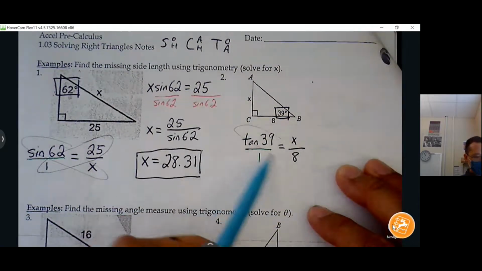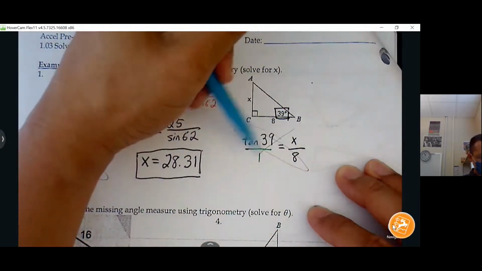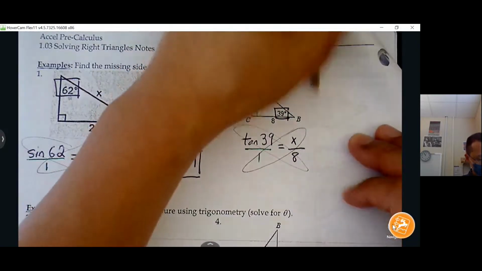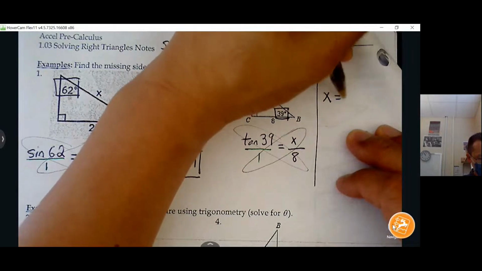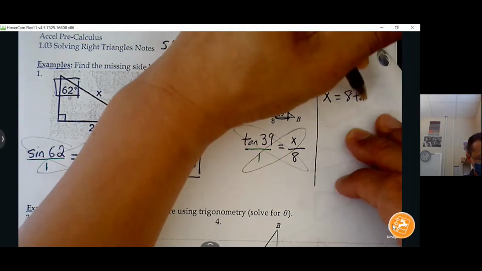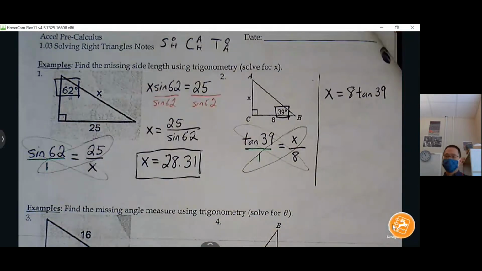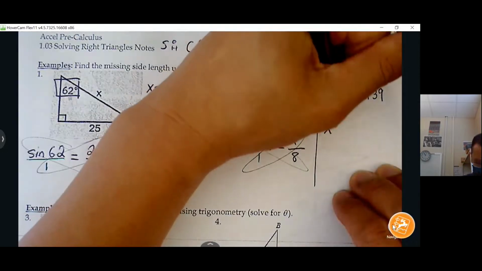Pair the diagonals together, set them equal. In this case, we don't have to divide anything. The x is already by itself, so we can just insert it into our calculator and find our length for x.